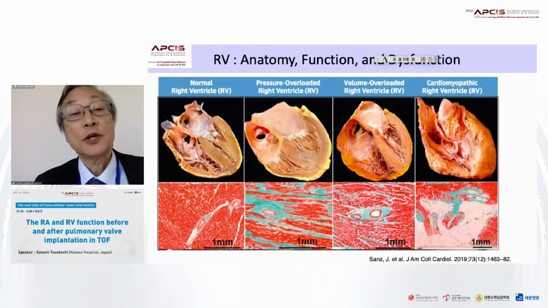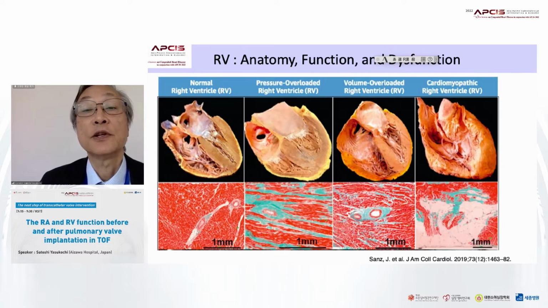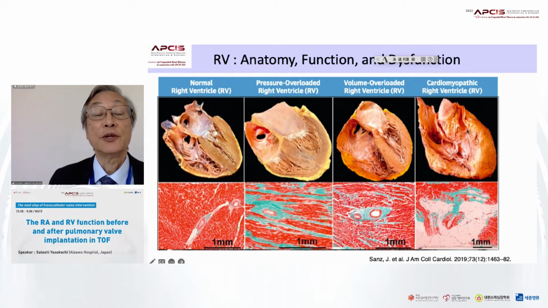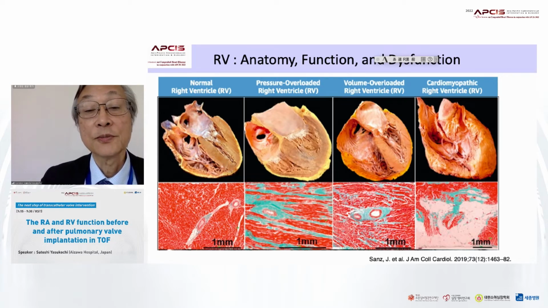This is the summary of the anatomy and function of the right ventricle in the healthy and disease status. The pressure overload right ventricle has demonstrated dilation of the RV, thickening of the RV wall, and a marked increase in fibrosis.